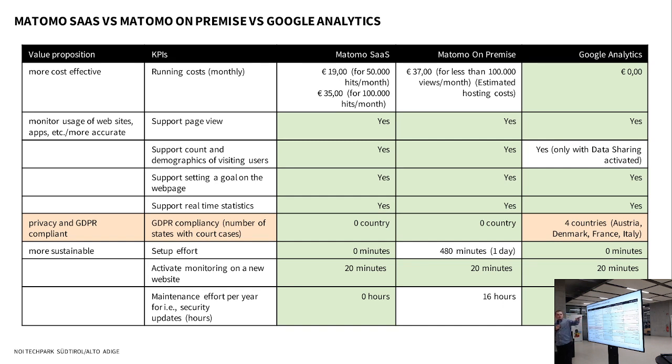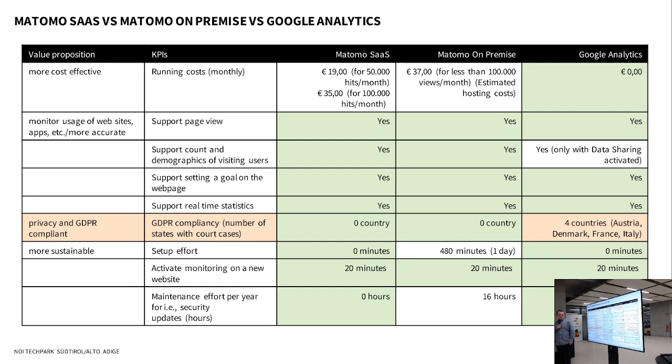There, Matomo always gives you the demographics, and Google Analytics only if you activate data sharing. Data sharing is basically where you decide if you give the data of the users to Google or not. If you give it to Google, you can see the data. If not, you don't see it. So it's their business model.